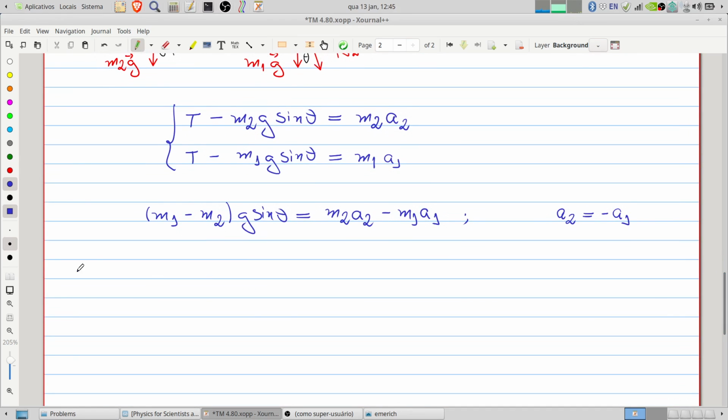So this implies that we can copy this and substitute a2 by minus a1. So we have here minus (m1 plus m2) a1.